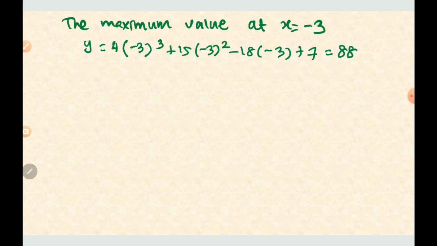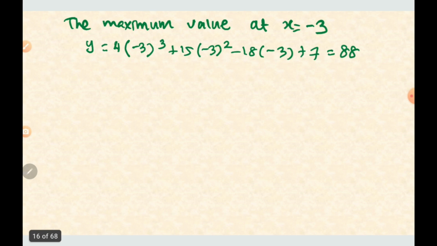So the maximum value at x equals negative 3 is 88. The question asks for the maximum and minimum value, which means the question asks for the value of y here.